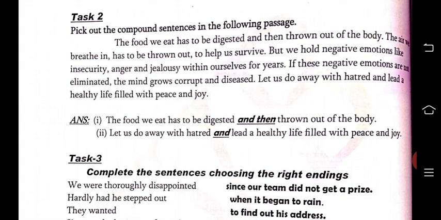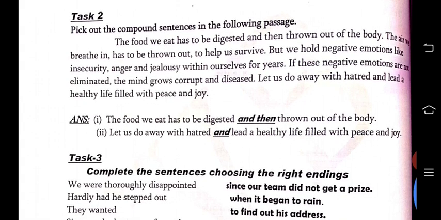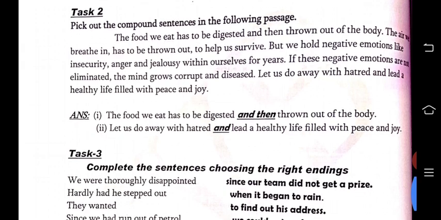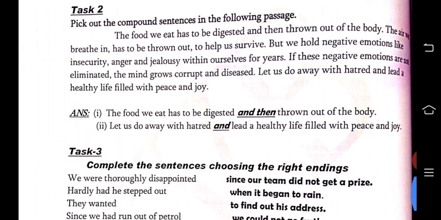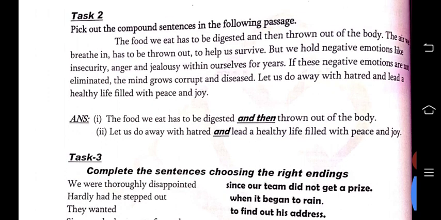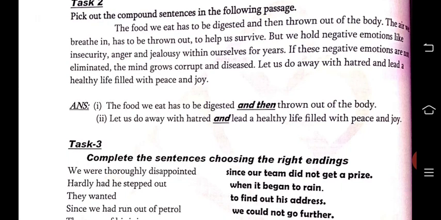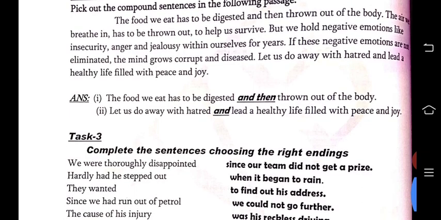Then, pick out the compound sentences in the following passage. The food we eat has to be digested and then thrown out of the body. The air we breathe in has to be thrown out to help us survive. But we hold negative emotions like insecurity, anger, jealousy within ourselves for years. If these negative emotions are not eliminated, the mind grows corrupt and diseased. Let us do away with hatred and lead a healthy life filled with peace and joy.